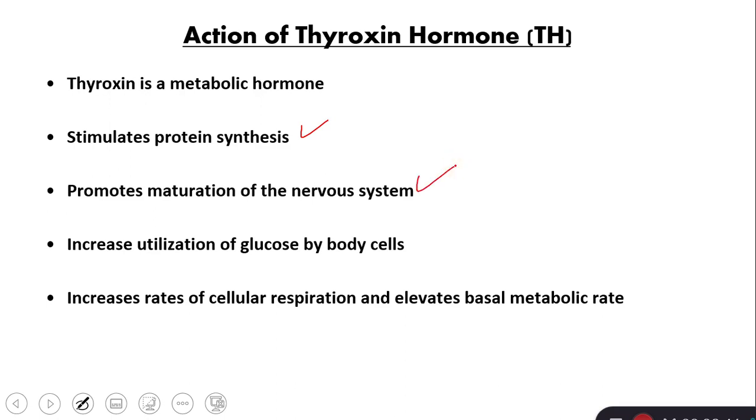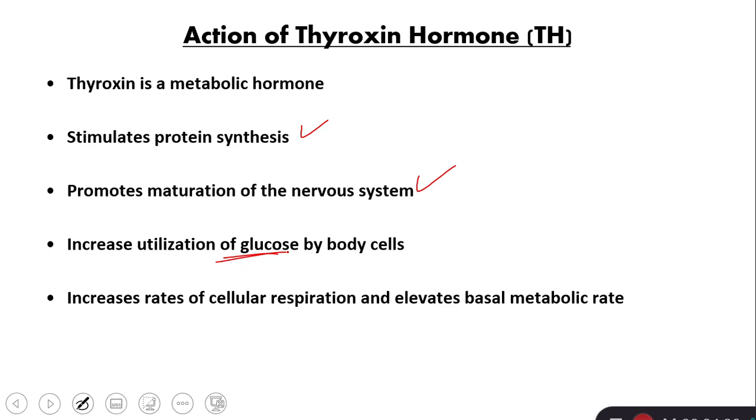So it's very essential in newborn babies to help maturation of their nervous system. And it also increases the cell's utilization of glucose. So it helps the cell to use glucose to produce ATP.